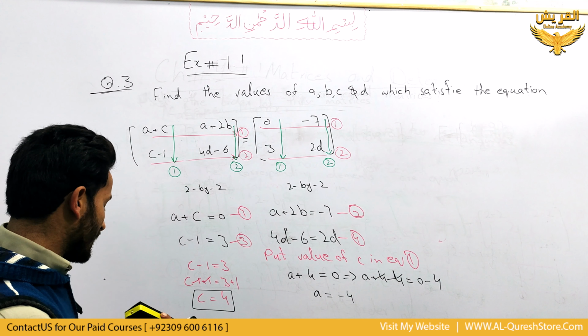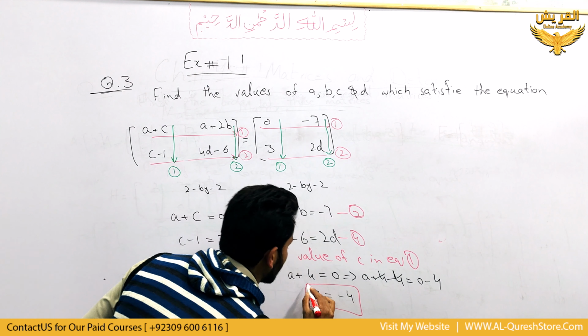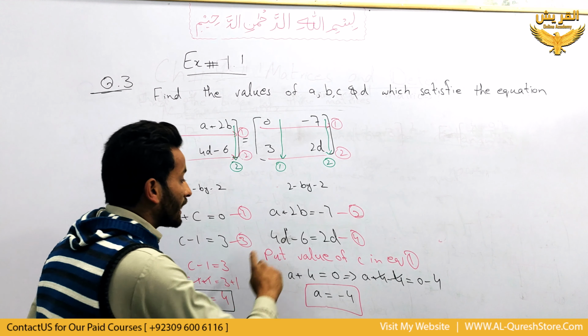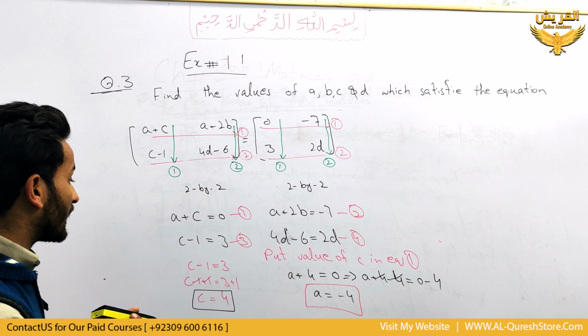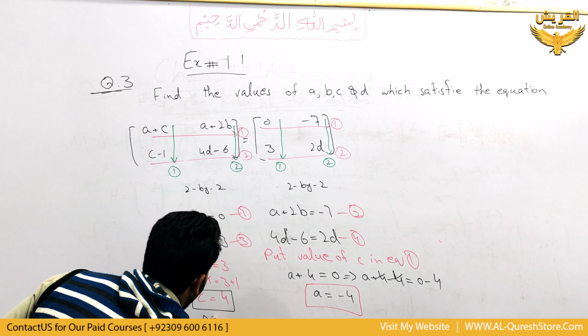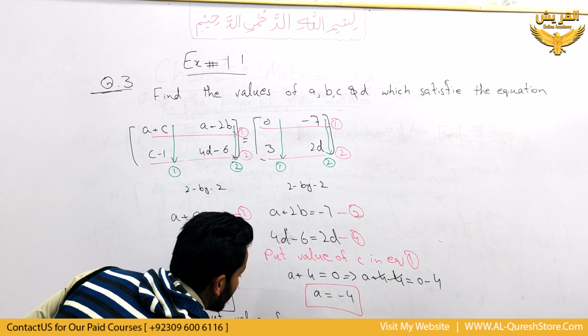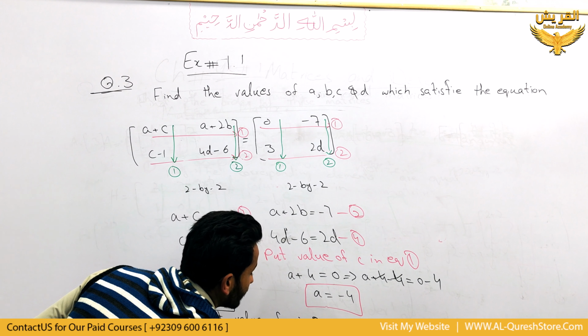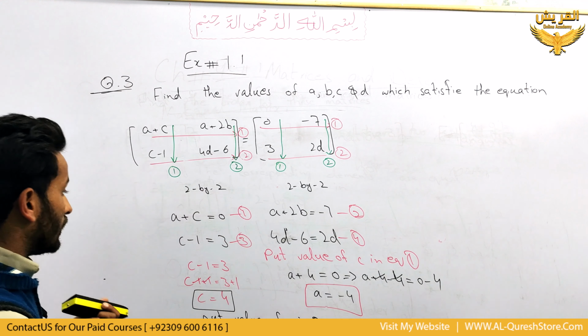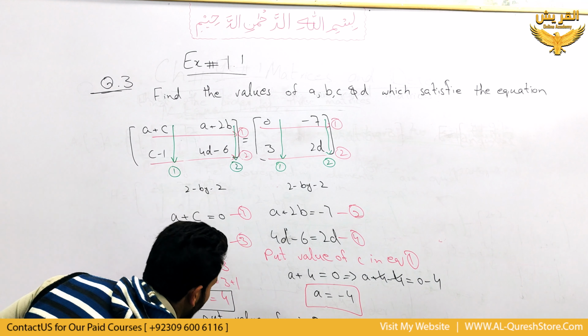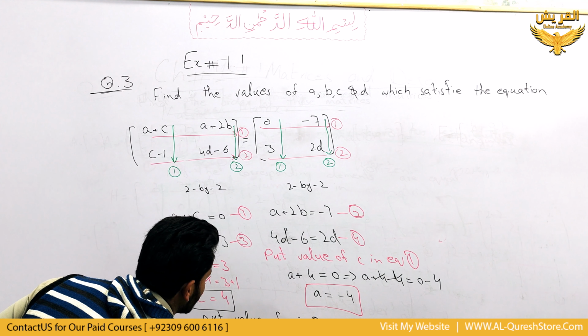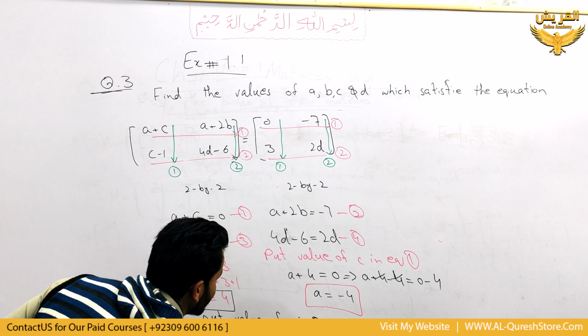So this is the second value. Now we put the value of a in the second equation. The value of a is minus 4, so minus 4 plus 2b is equal to minus 7.